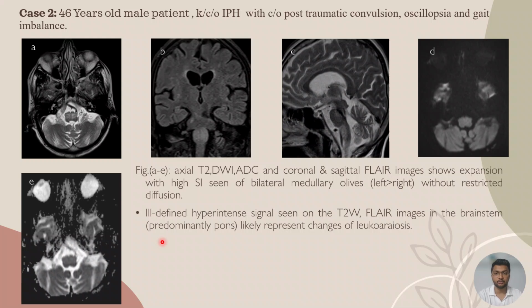Second case: a 46-year-old male patient, a known case of IPH, has come with post-traumatic convulsion, oscillopsia, and gait imbalance. We can see hyperintense signal on T2 and FLAIR images in the medullary olives on both sides, which shows no restricted diffusion.